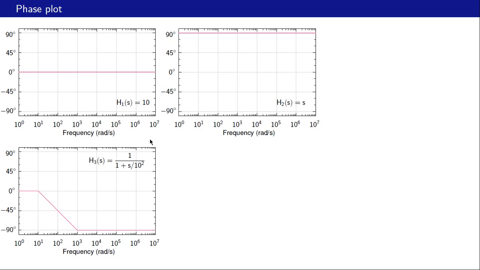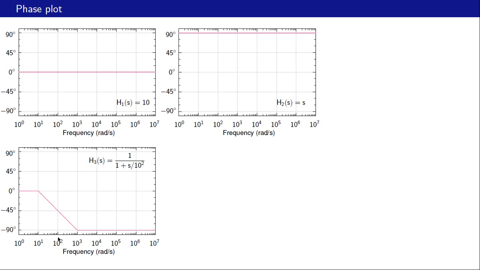Next, let us take h3. This represents a pole, and if you remember, what we do now is locate the pole, that is here 10 raised to 2, go 1 decade below that frequency, so we come to 10 raised to 1, and for frequencies less than that we have 0 degrees.